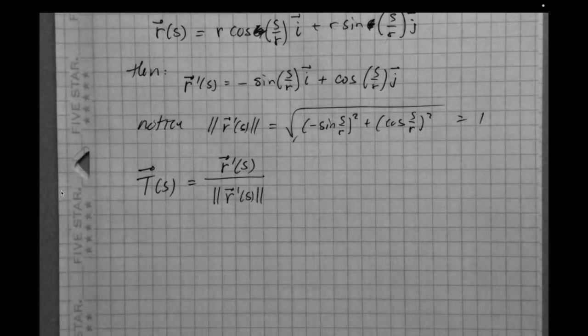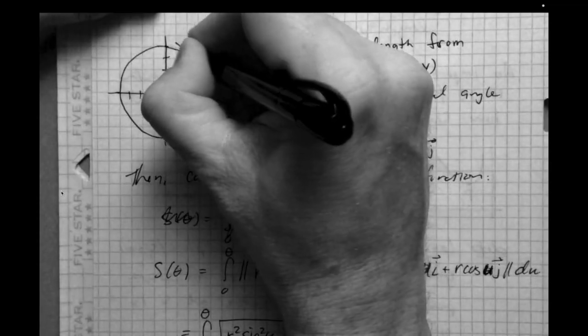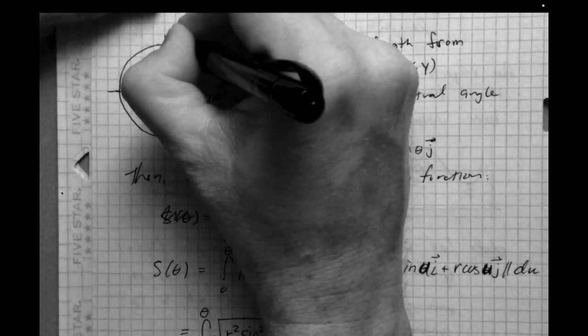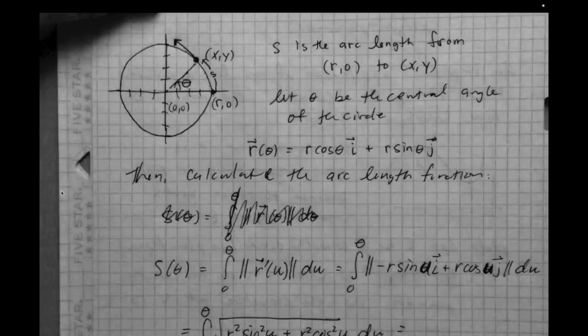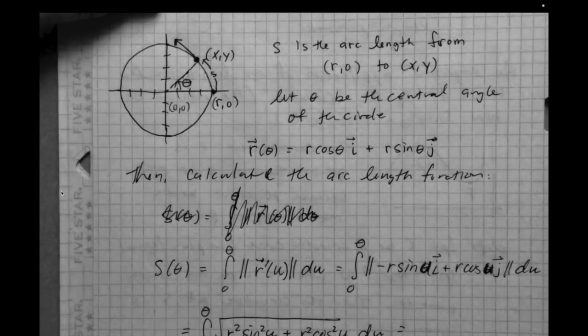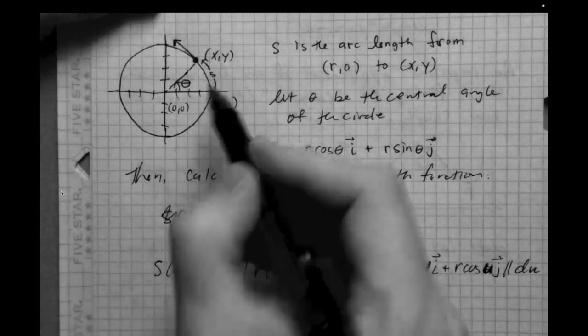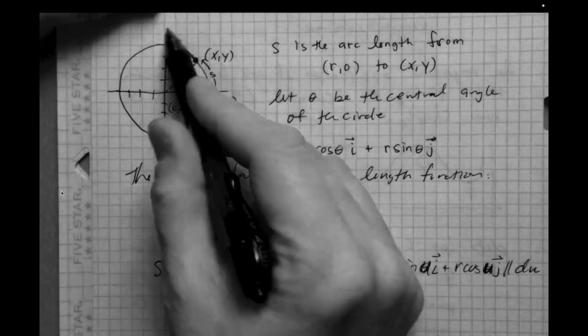We defined it and talked about how it moves in the direction of the curve. The unit tangent vector is going to be a unit vector moving in the direction of the curve for any value of s.